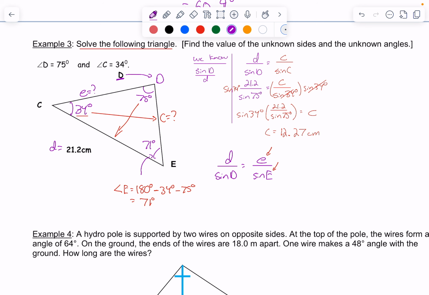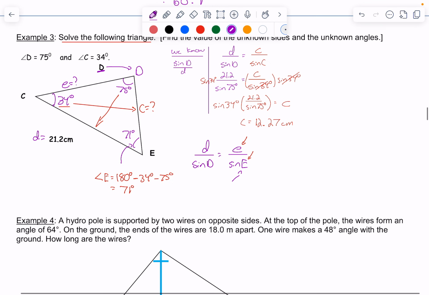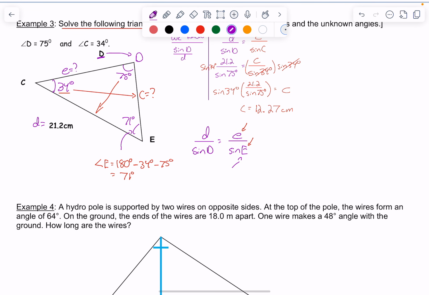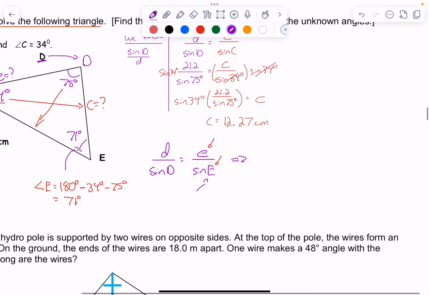So now you know what this is, and you can use this ratio, okay? So let's do it. We have d over sine d, so 21.2 over sine 75 degrees. We set that equal to E, which we don't know. That's what we're looking for. But we now have angle E, which is 71 degrees.